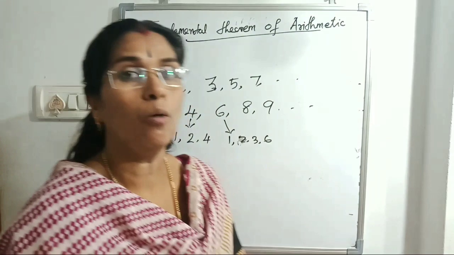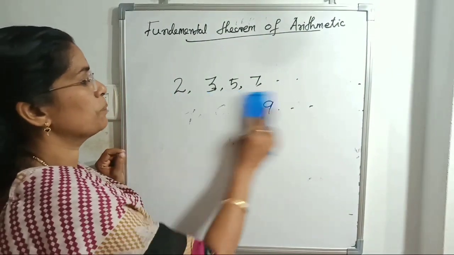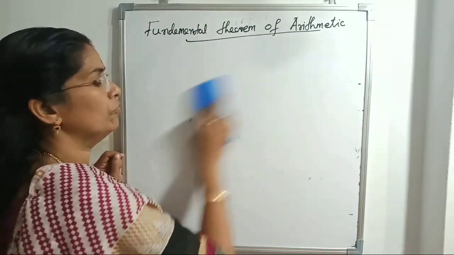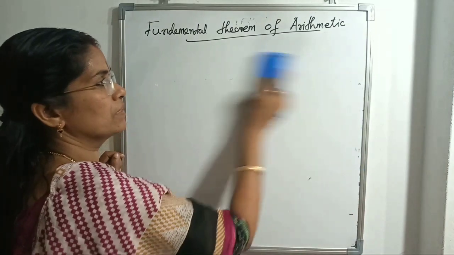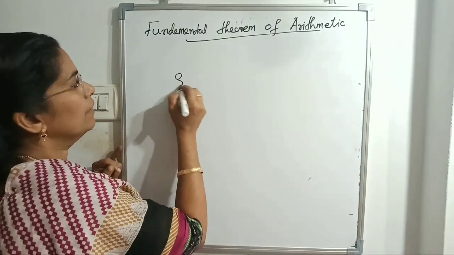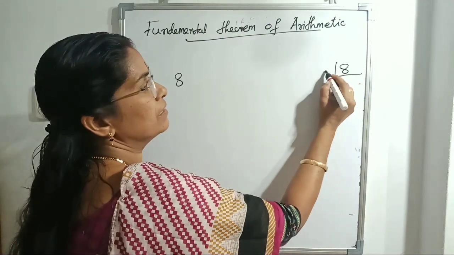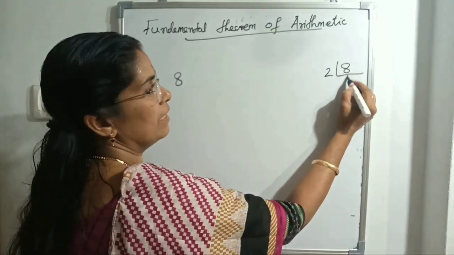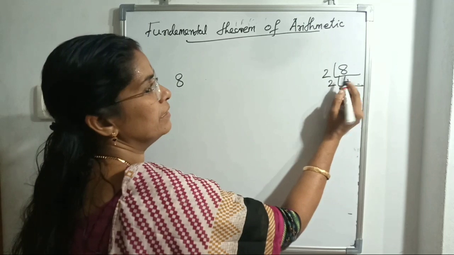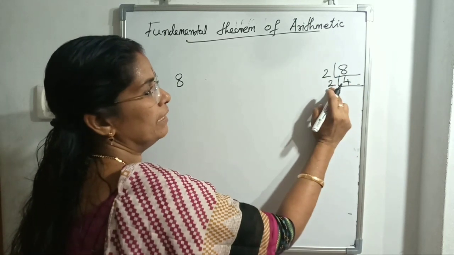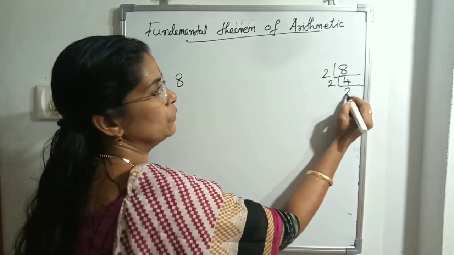So every composite number can be expressed as a product of prime numbers. Listen, 8 is a composite number. So 8 we can write as a prime factorization like this. 8 divided by 2, we will get 4. Again we divide with 2, we will get 2.